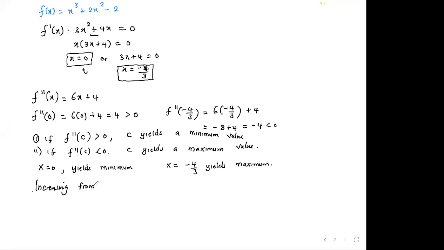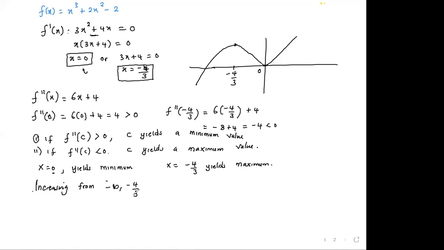So when you go to the minimum, if you have a sketch, we have x is 0 here, and then we have -4/3. So this -4/3 is the maximum. Going to the 0, which is the minimum, you then go up. So there you go down. The function is decreasing from minus infinity up to where it is maximum, to be increasing.